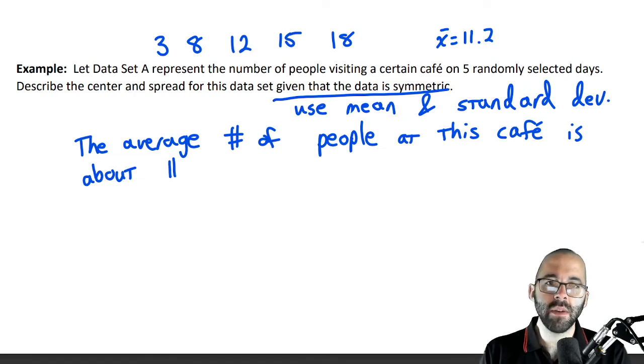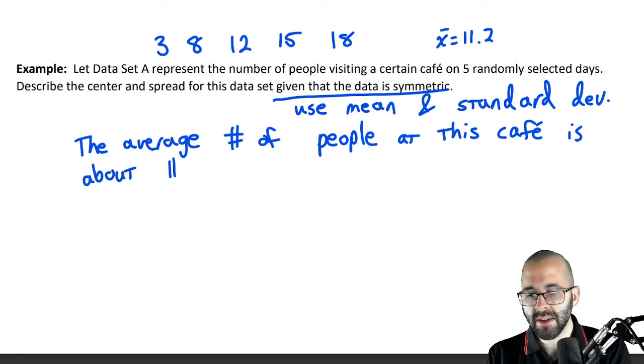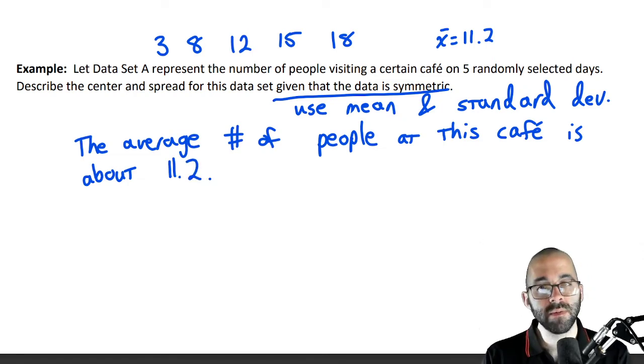Okay, we're talking about people. You might want to round it to 11, or you could write 11.2. It's up to you. And then you could say that the standard deviation is about 6.